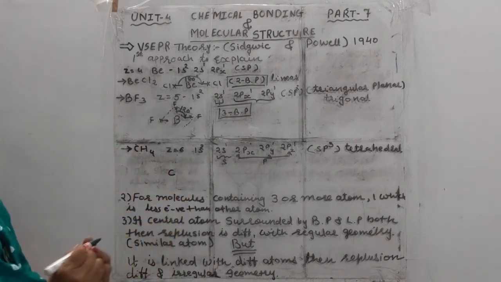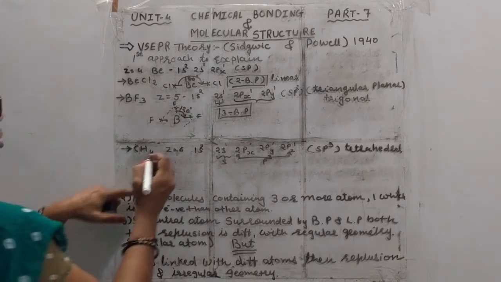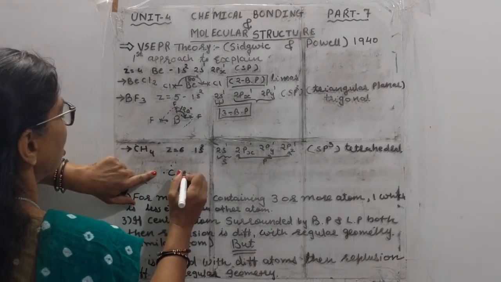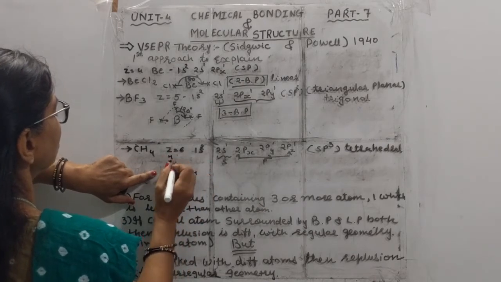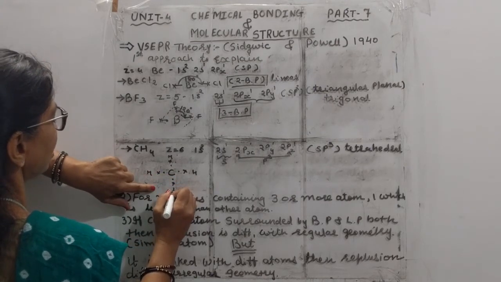As I said, carbon is the central atom. Now carbon has 4 bonds with hydrogen, so 1, 2, 3 and 4, with hydrogen, with hydrogen, with hydrogen and with hydrogen.